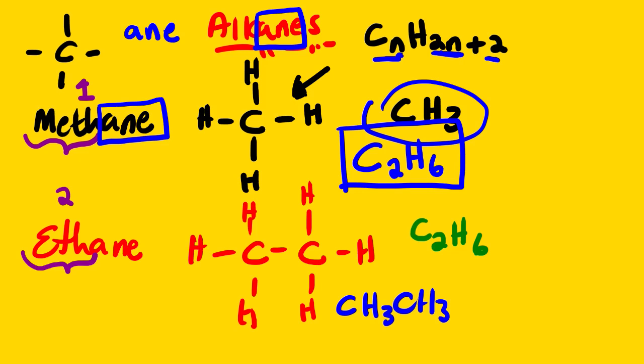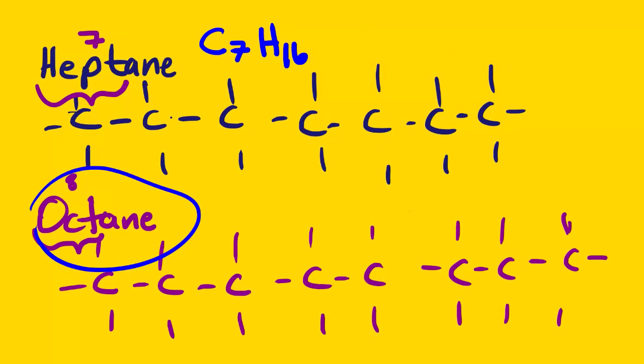We can say they are hydrocarbons. And remember that their names are derived from the name of the homologous series. You look at this: octane, ane; heptane, ane.